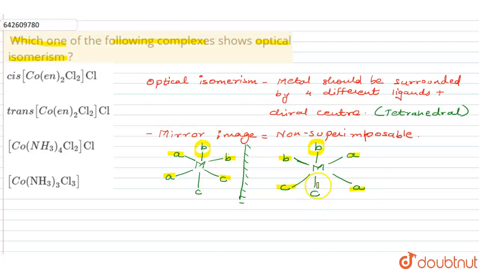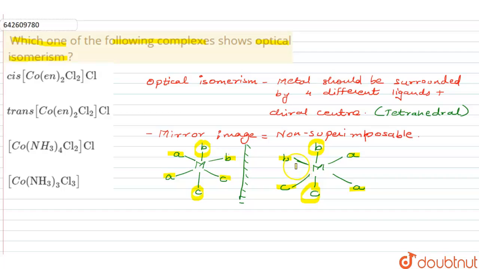So that would be the scenario. But the other ligands which are in the same plane are overlapping on different ligands, or in other words there are no same groups overlapping over each other. And that is what we call non-superimposable mirror images. Are you getting my point?